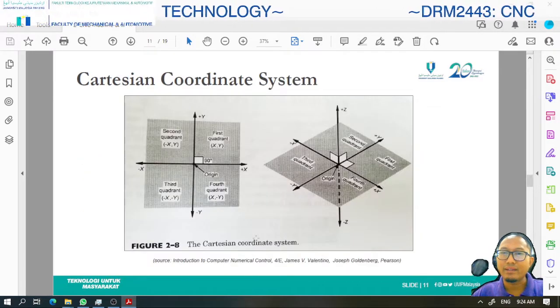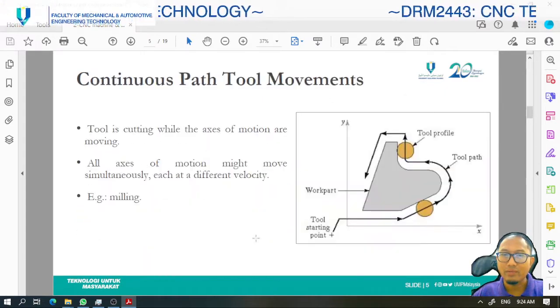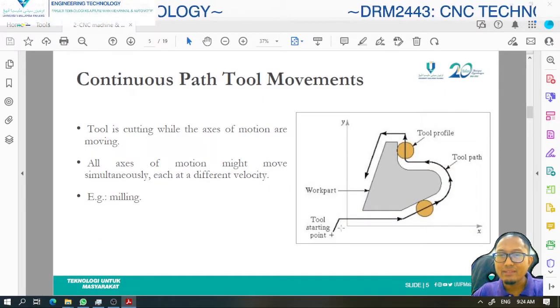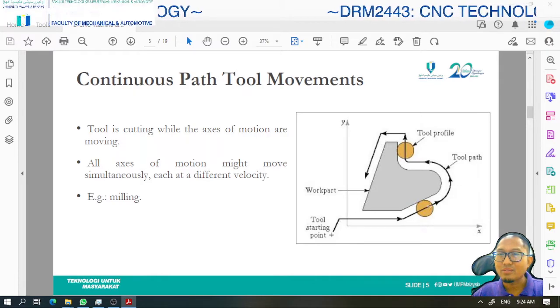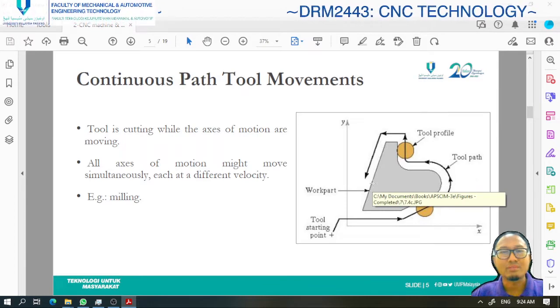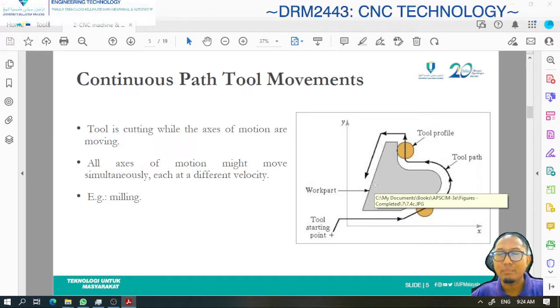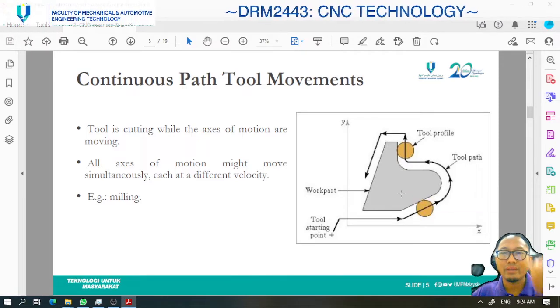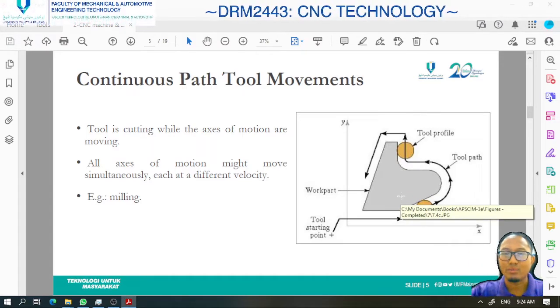If we look at the first diagram that we have here, we imagine that the spindle itself is moving in the x y direction, but in fact the one that is moving is the platform, the bed with the work part. The spindle will only move in the z direction, downward and upward.